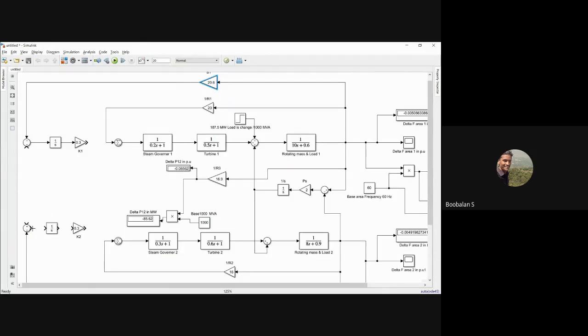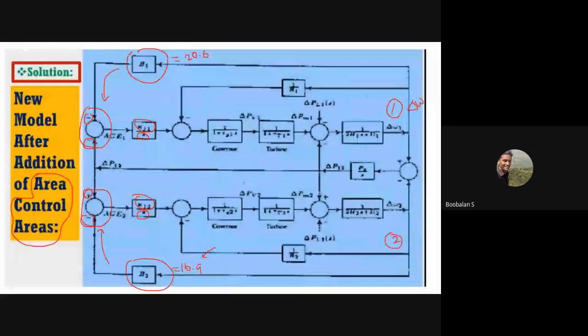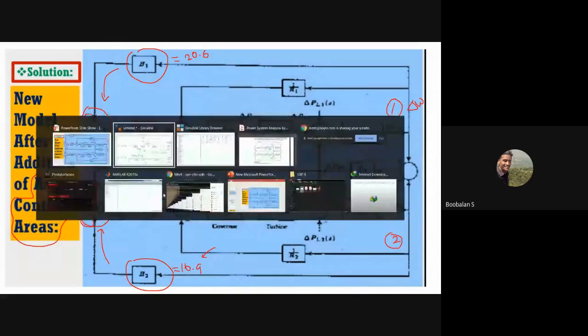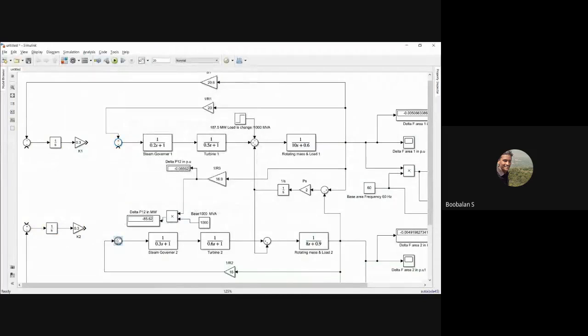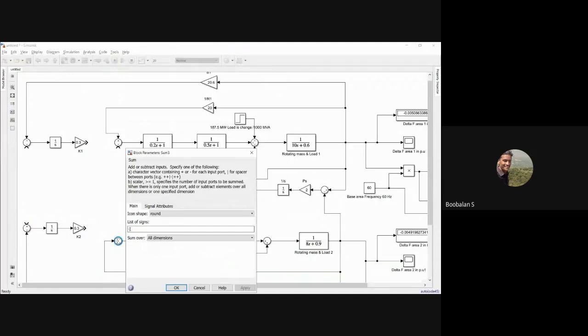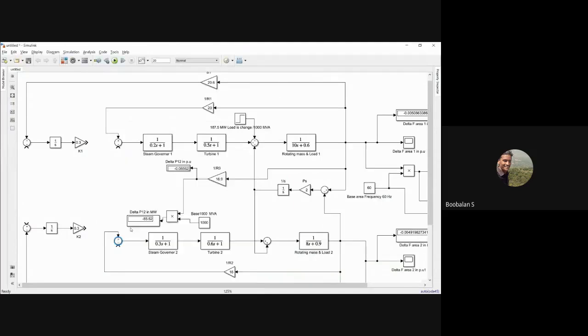Now we'll see here also, and I need to connect it over here, this block should be plus, this also should be plus, right? I need to use a plus symbol over here, press enter, plus enter. It should be negative feedback.